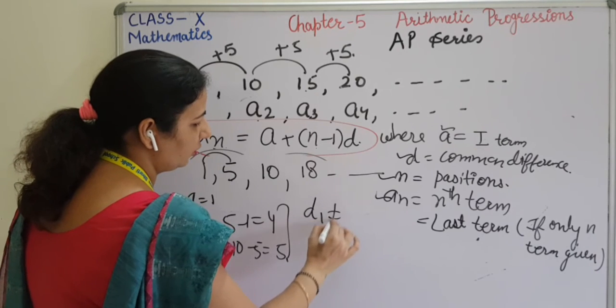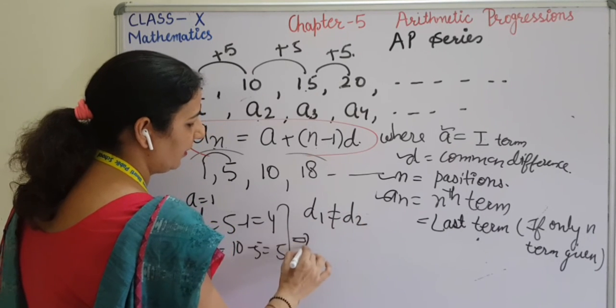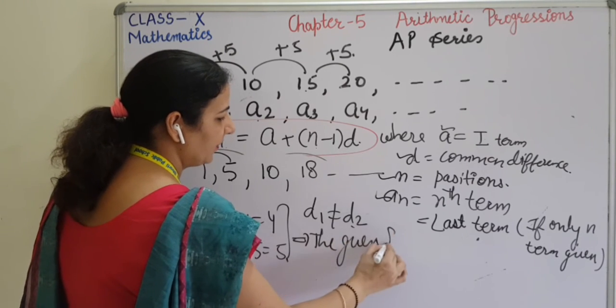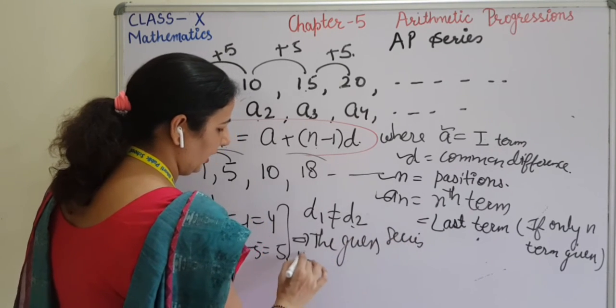As D1 is not equal to D2, this implies the given series is not in AP.